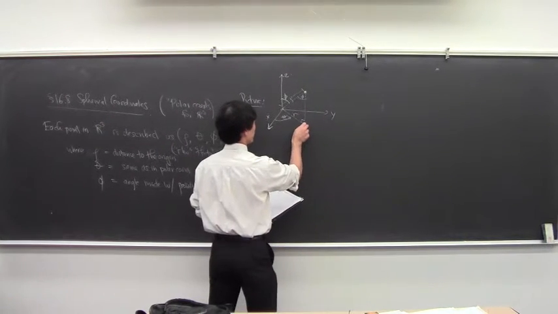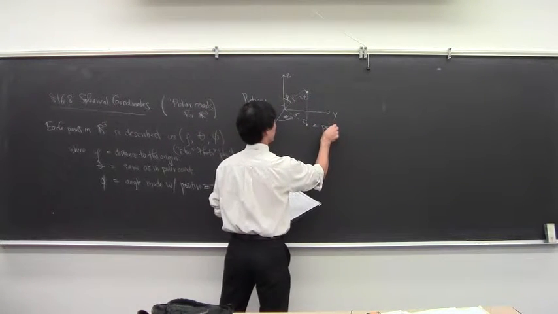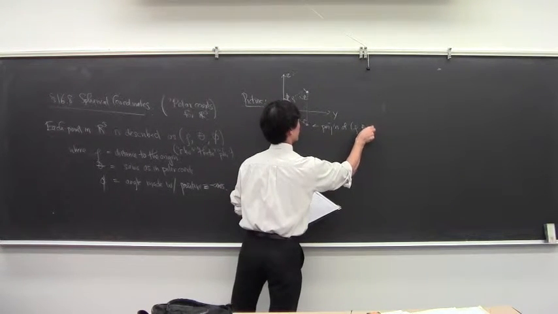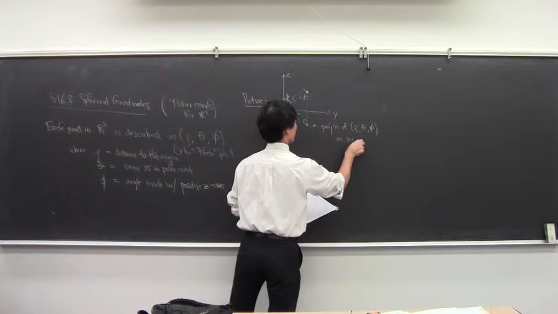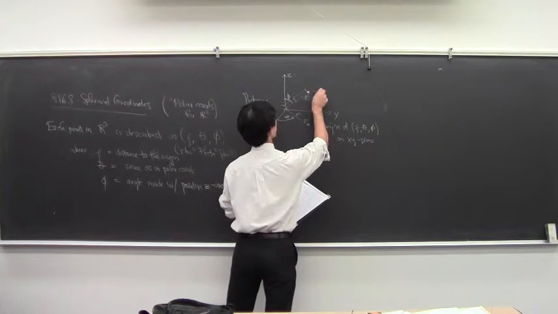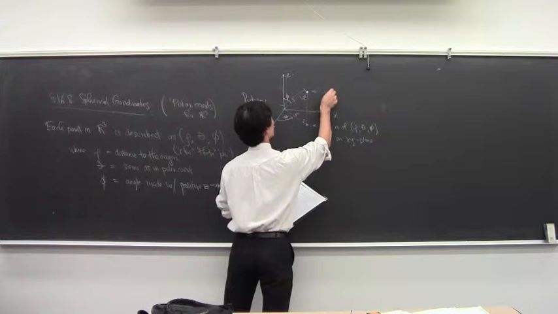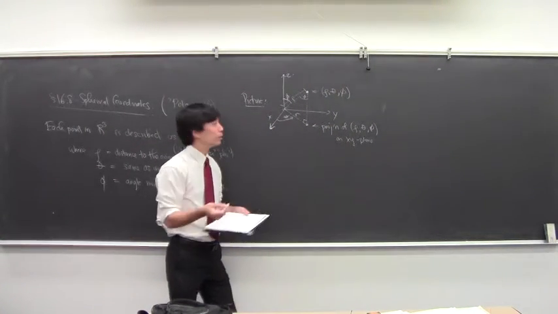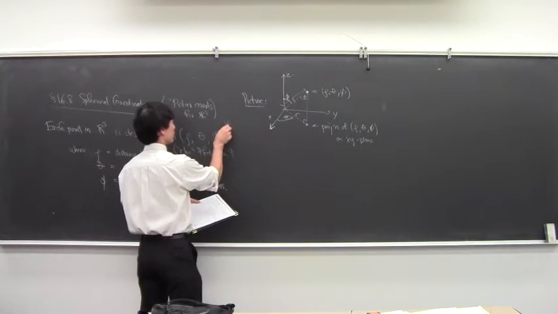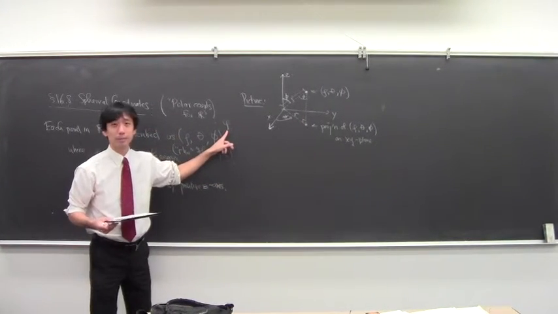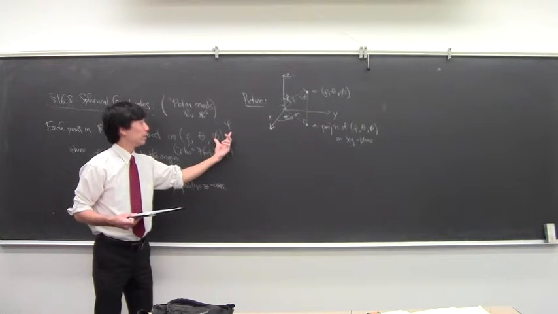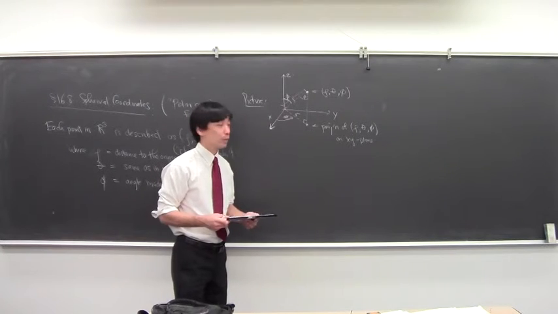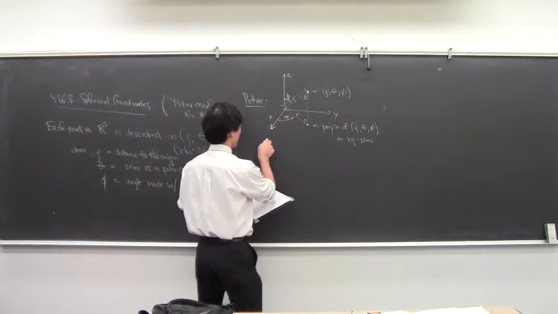So this thing here is the projection of rho, theta, phi on the xy plane, and this guy here is rho, theta, phi. There are two ways of writing phi. If you see either of them, both are called phi.